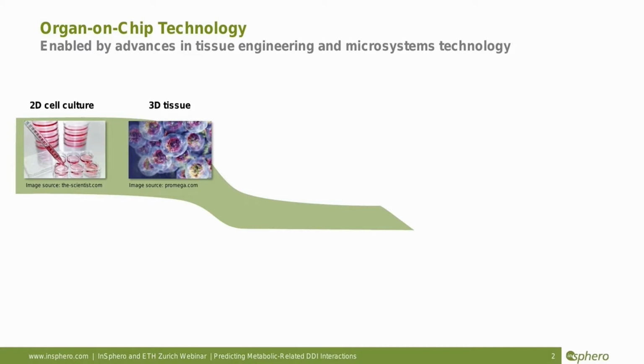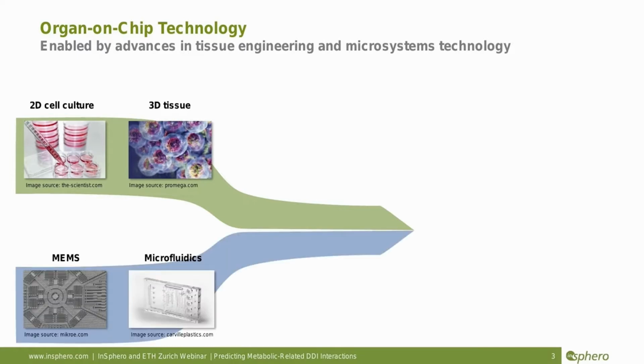In parallel and initially disconnected, we had the evolution of devices based on microsystems technology. Microsystems technology has been used in the IC industry and afterwards in so-called MEMS, microelectromechanical systems, that are now sensors and actuators used in every cell phone.